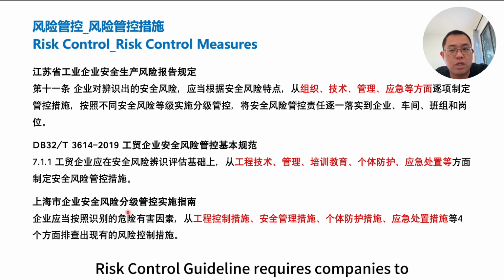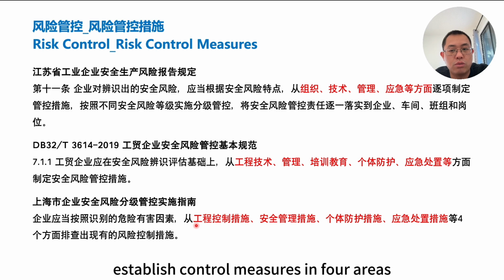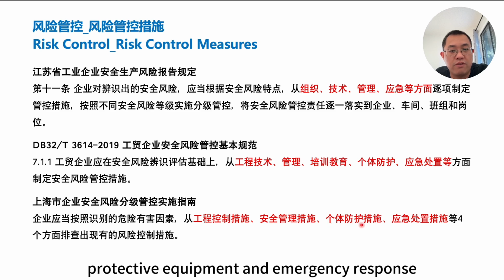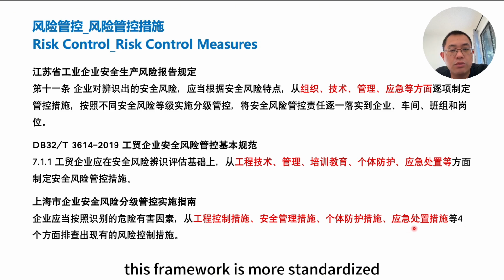The Shanghai Risk Control Guideline requires companies to establish control measures in 4 areas: engineering controls, safety management, personal protective equipment, and emergency response. So this framework is more standardized.